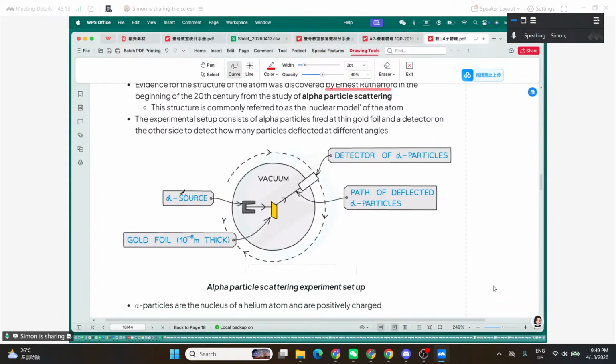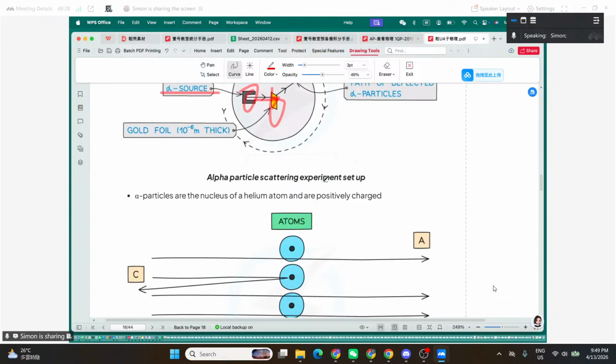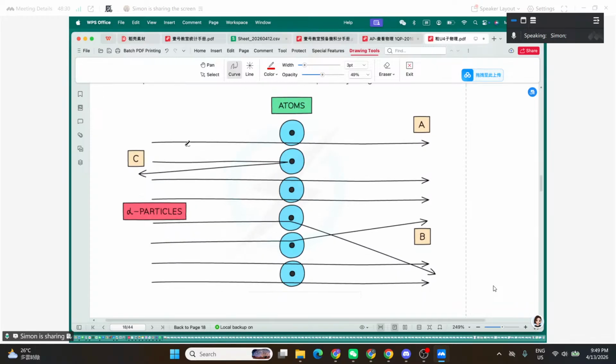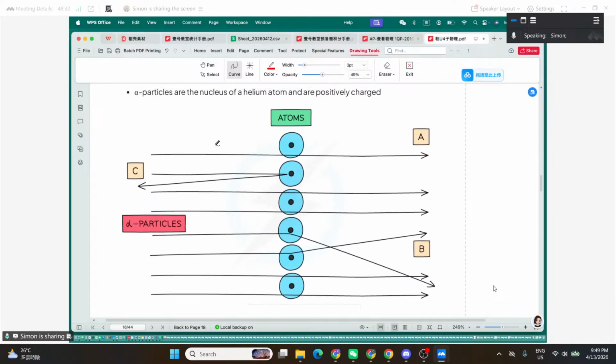Rutherford used an alpha source to collide with the gold foil, right? And there are three phenomena. The first: we found that most of the alpha particles go straight through the atom.